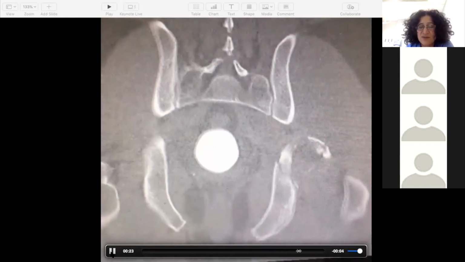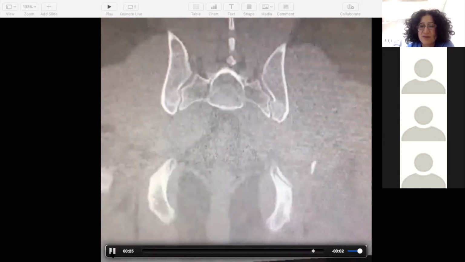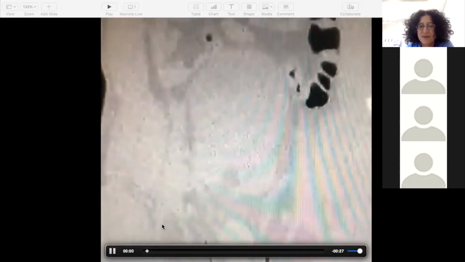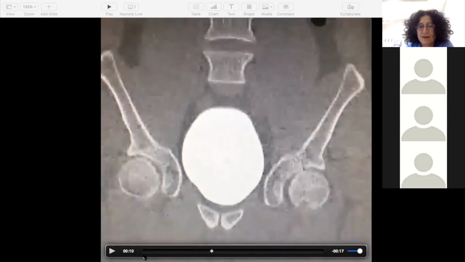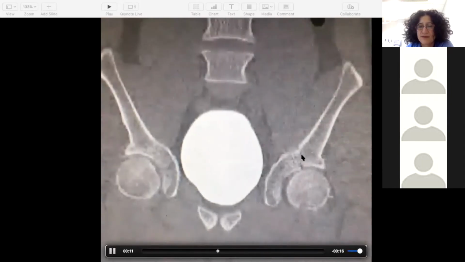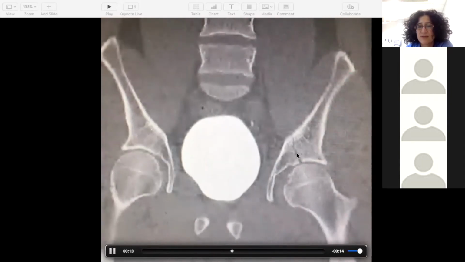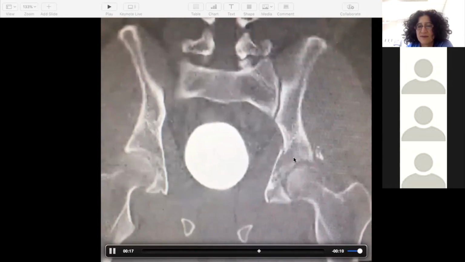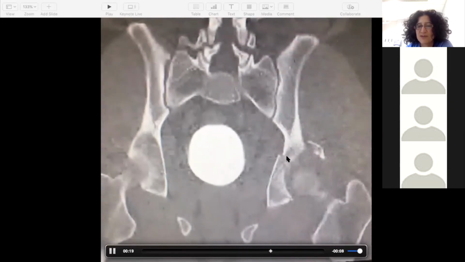And you can see there's lots of pieces of posterior wall. It's not only one piece, and the orientation of the fracture line starts here and runs backwards, pretty much in the same orientation.